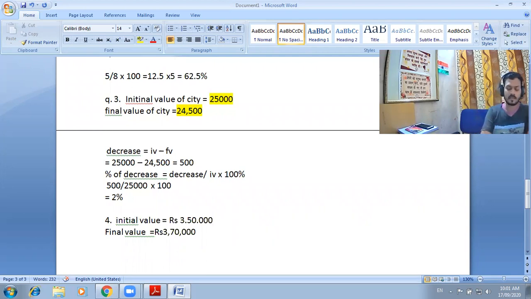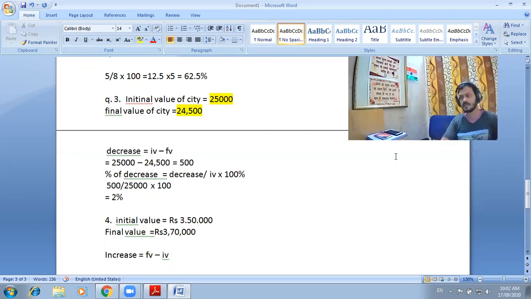So firstly calculate the value of the increase. Increase equals final value minus initial value, because always subtract a lower value from a greater value. That is the procedure for calculating the increase.